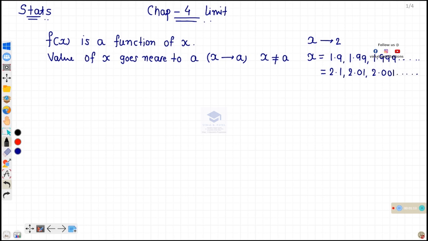Okay, it will not exactly become 2, but it will go nearer to 2. Then the function f(x) will also possess a certain definite value. That is called the limit of a function.